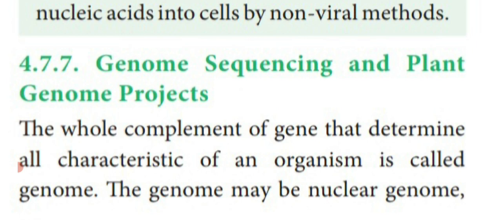That means the total number of genes present in an organism, including chloroplast and mitochondria, is known as the genome. The genome may be nuclear genome, mitochondrial genome, or chloroplast genome. So the totality of the genes present in the nucleus, mitochondria and chloroplast region is known as genome.